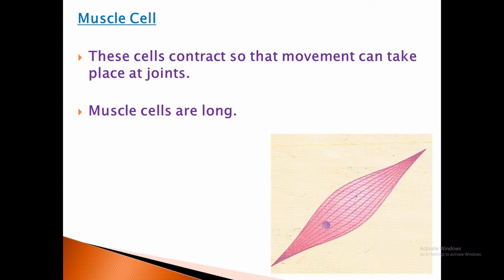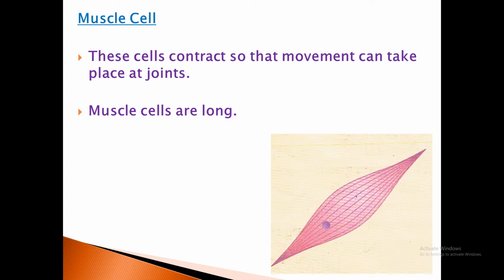Alright, so moving on to next type of cell. This one is called muscle cell. So these cells contract so that movement can take place at a joint. So it is not your red blood cell that is going to contract to allow movement at a joint.